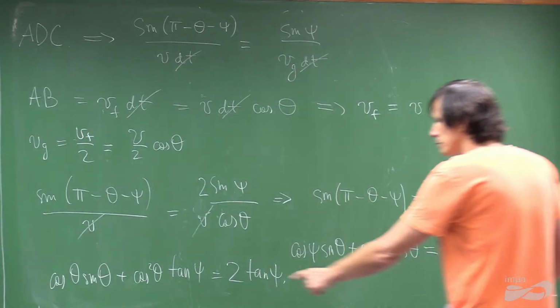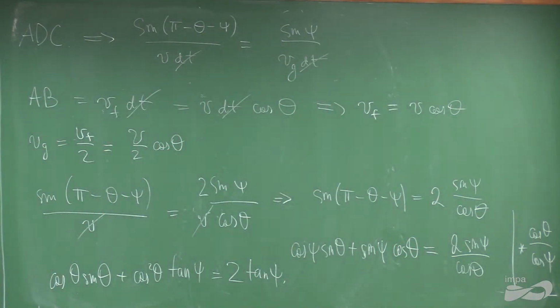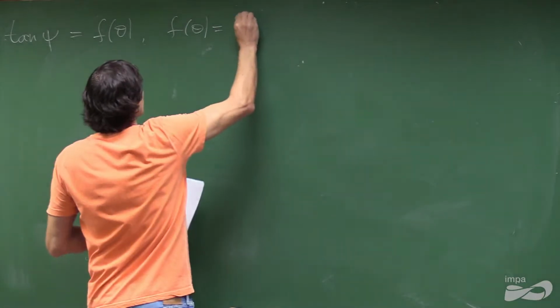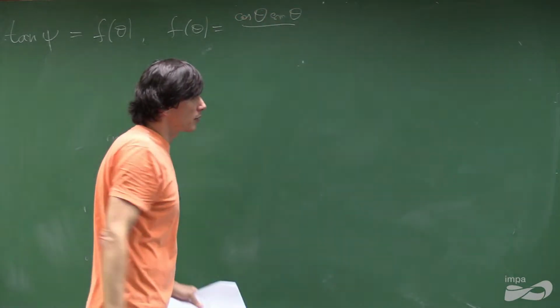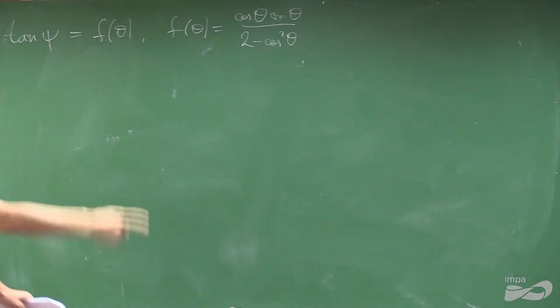Okay, and then you can split variables. You can express tangent of psi as some function of theta, where this function is cosine theta sine theta divided by 2 minus cosine squared theta, just expressing from that.